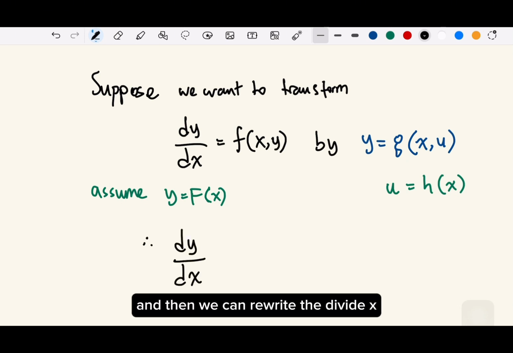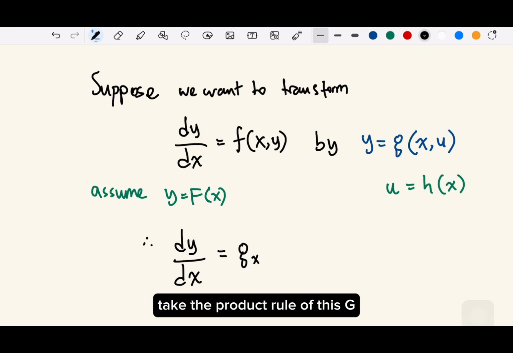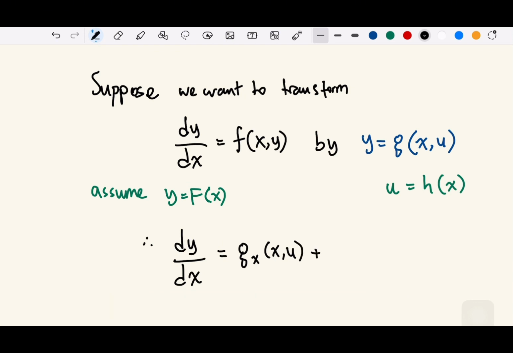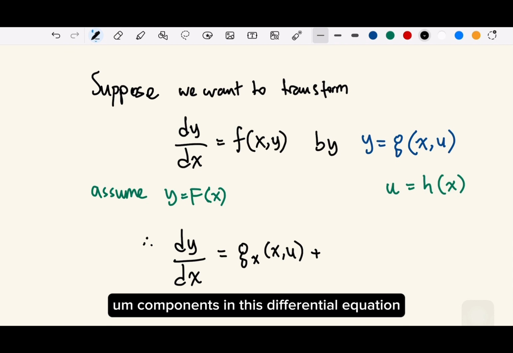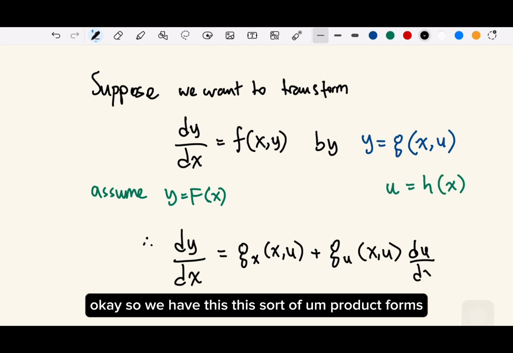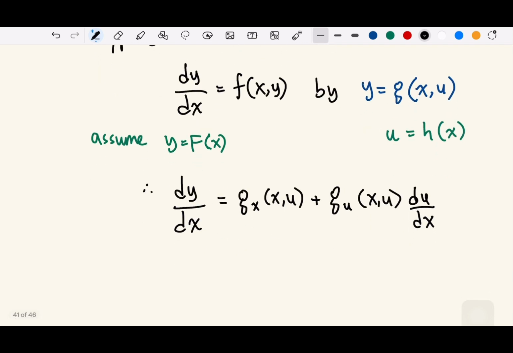And then we can rewrite dy/dx and interchange this f with g, and then we apply the product rule on g, taking the partial with respect to x and with respect to u. So we have these two components in this differential equation, and we have this sort of product form.